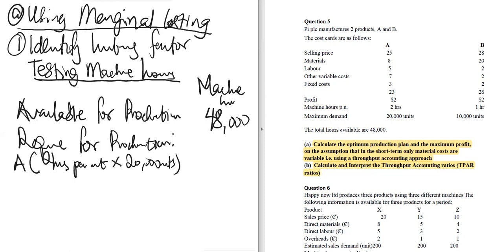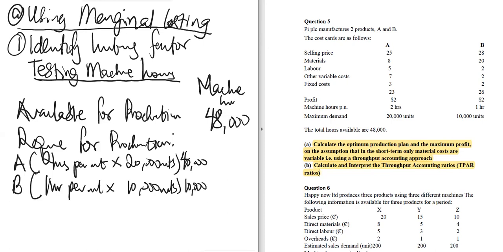So if we need 20,000 units, that means we need 40,000 hours overall to produce. Then when we look at product B, it says we need 1 hour per unit to produce. How many units are we producing? That's 10,000 units, so we have 10,000 hours overall. We put this together, that means we require 50,000 hours overall to produce.